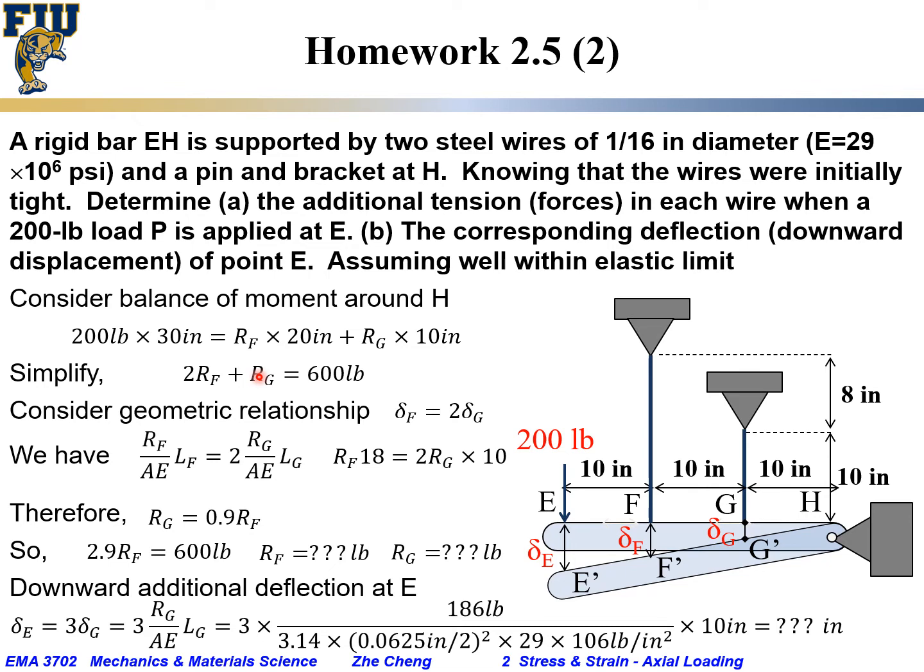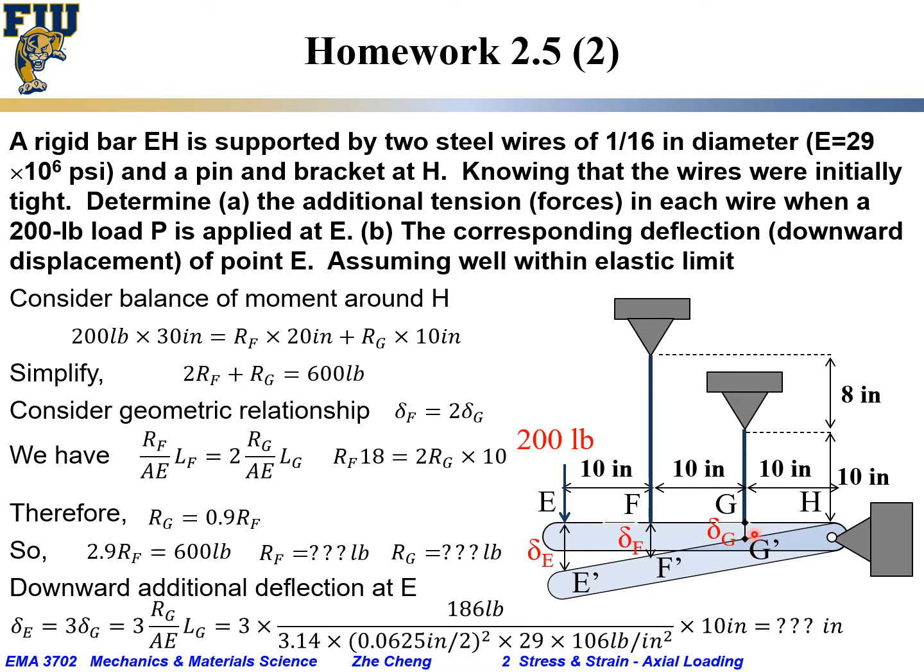Then to solve a statically indeterminate problem, we have to consider the geometric relationship. We have to consider the so-called strain or deformation. So I write something like this: delta F equals 2 times delta G. You see this delta F means the deflection for F point from F to F prime, and delta G is from G to G prime.